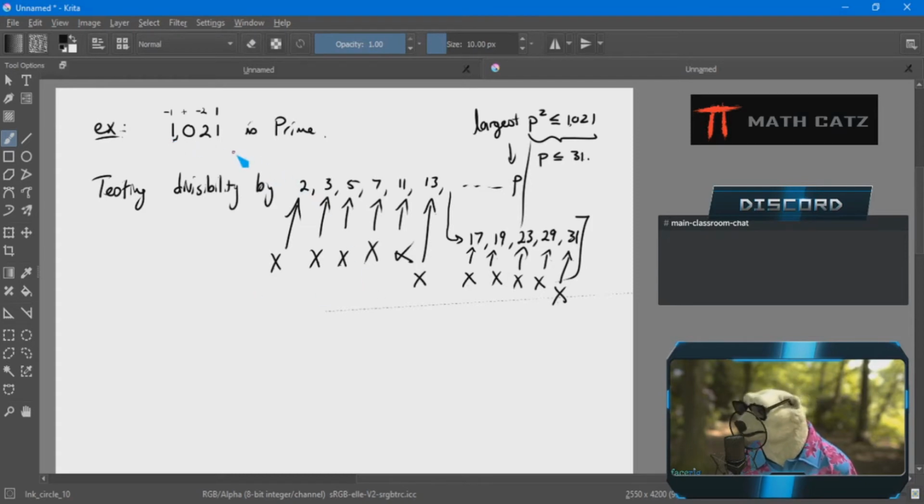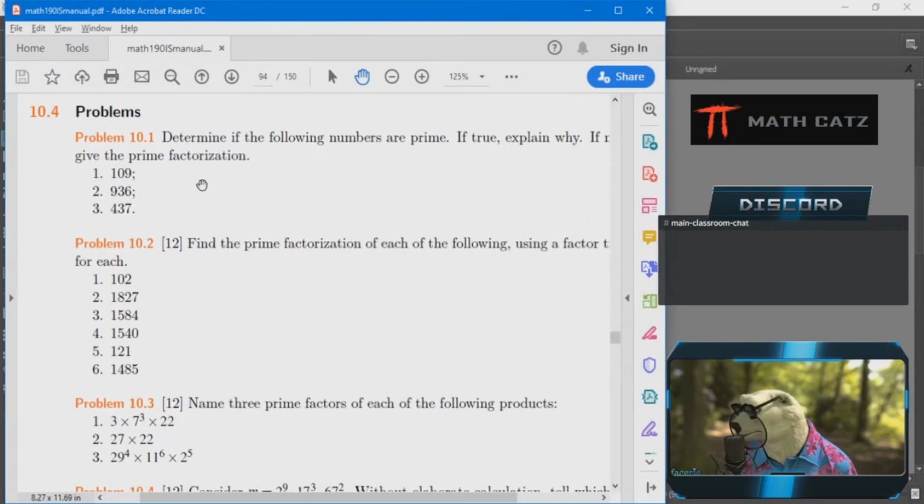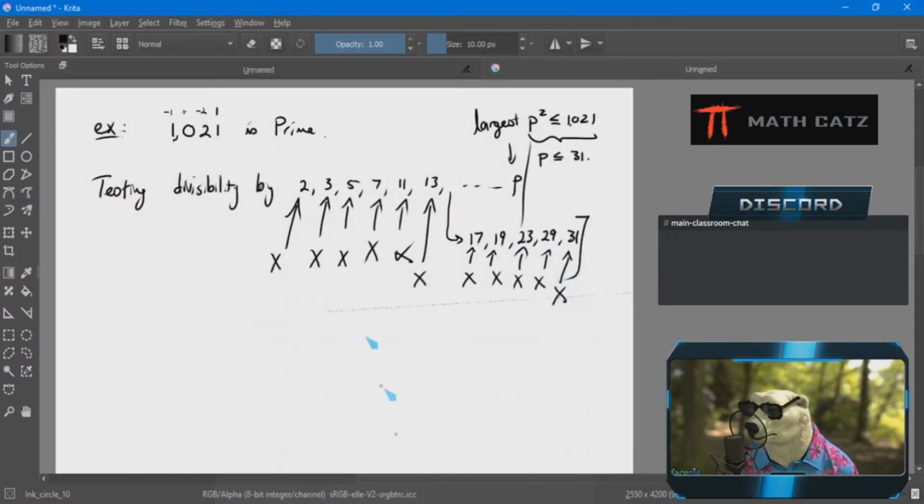If you can quickly do a divisibility test, it's just efficient. That's the only reason it's there. So that is a problem like 10.1. And as soon as you find one that's a yes for divisibility, then you stop, right? You just need to know if there are factors. Doesn't matter how many or anything like that.